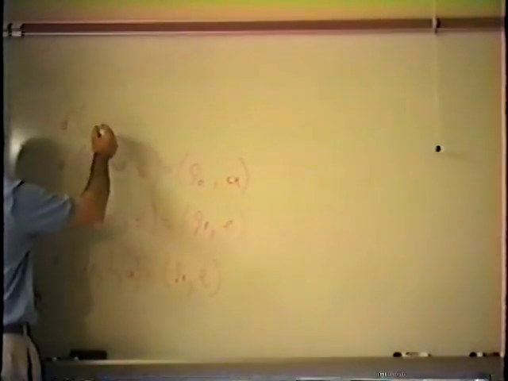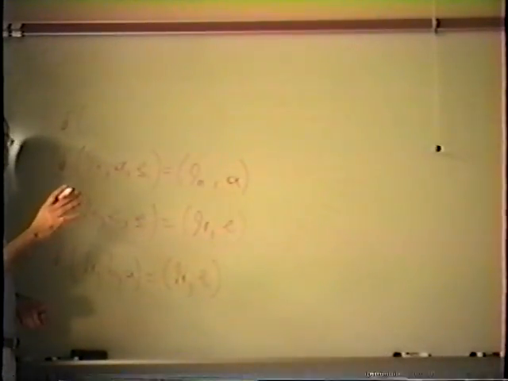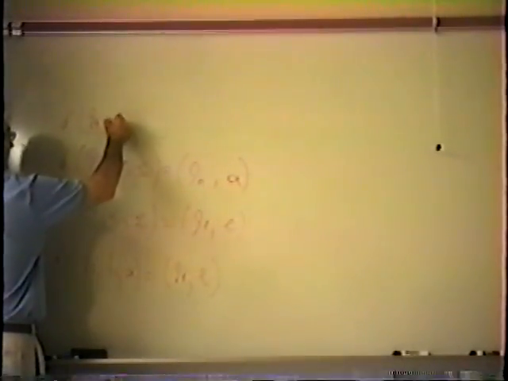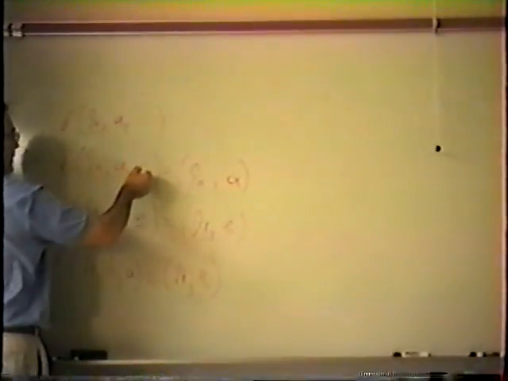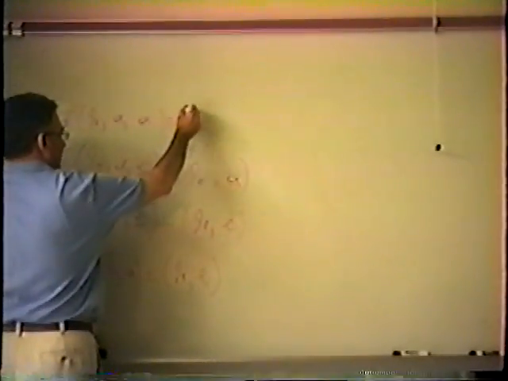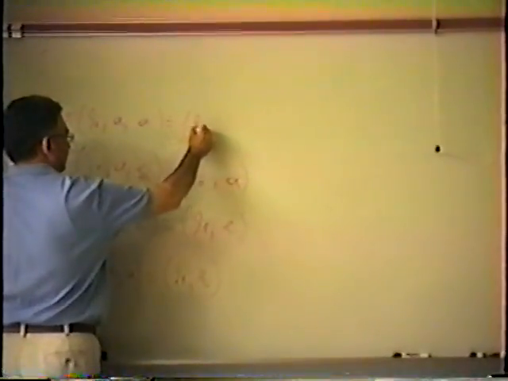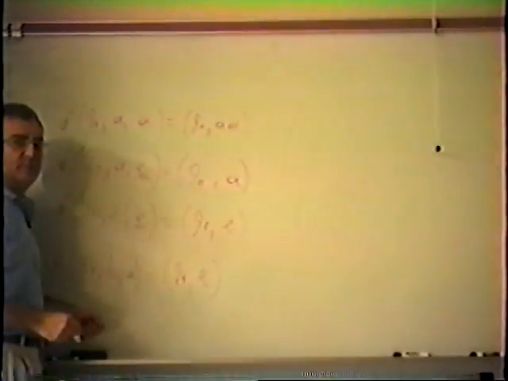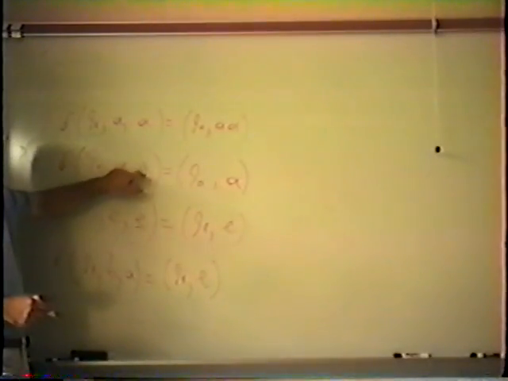Let's fix this one. What is the stack symbol here? A. Q0, A. What if you had A on top of the stack? Q0, AA. I'm pushing A on top of it. That's it.